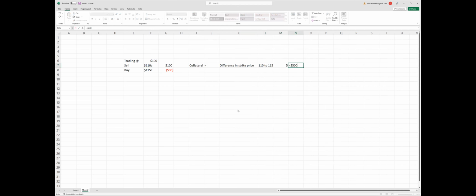That's how much you would have to have to execute this trade, right? So you're risking 500 bucks potentially to make 70 bucks, which might not seem like the best risk to reward, but hold on, we're going to get somewhere. If the stock expires between the two securities, I'm not really going to go over what happens, because it gets really weird and I don't really quite understand it honestly.